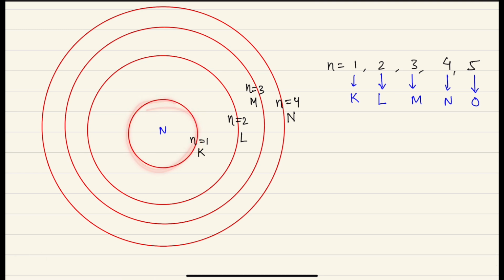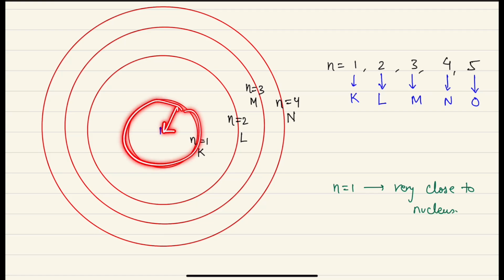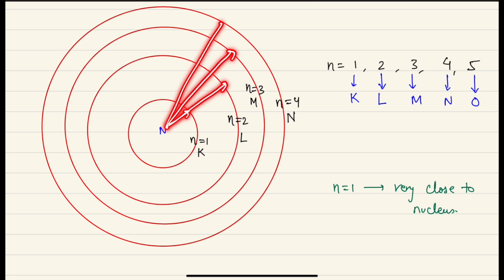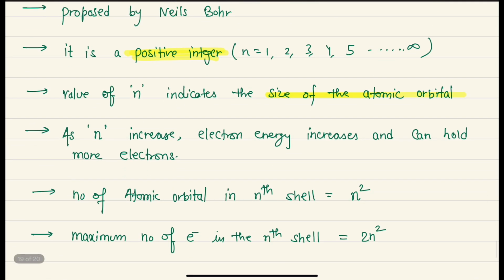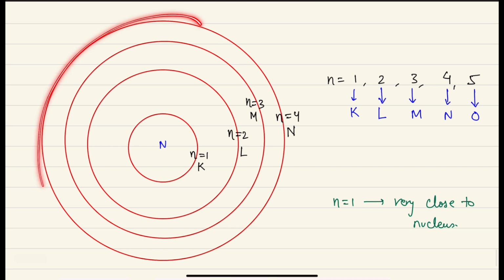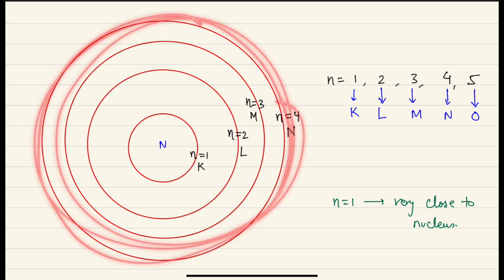So the first cell has n equal to 1, and this cell is very close to the nucleus, right? And if you go farther away, to the second cell, third cell, fourth cell, then the size of the cell will also increase, right?